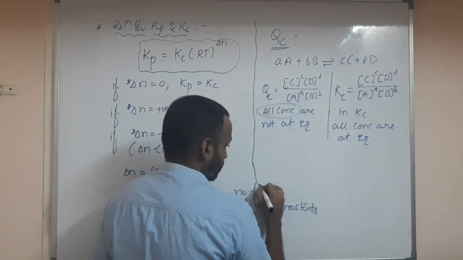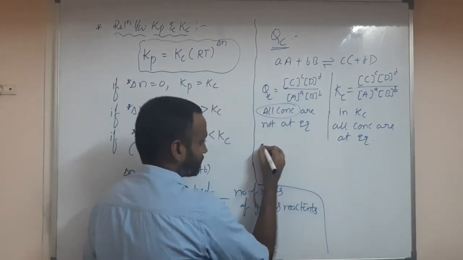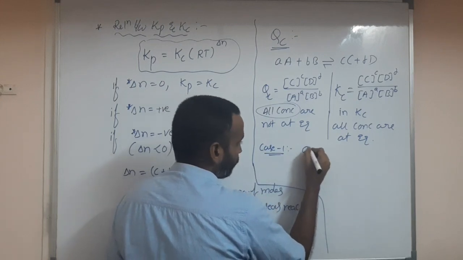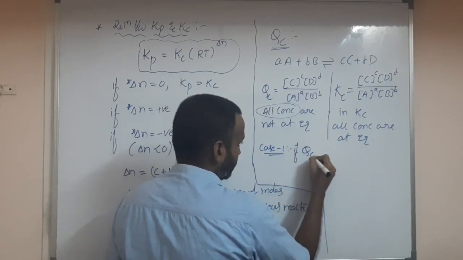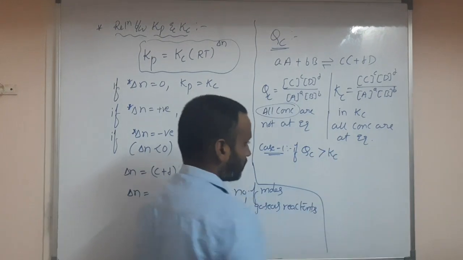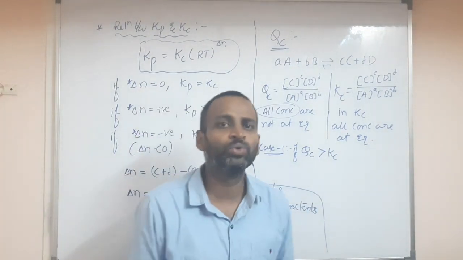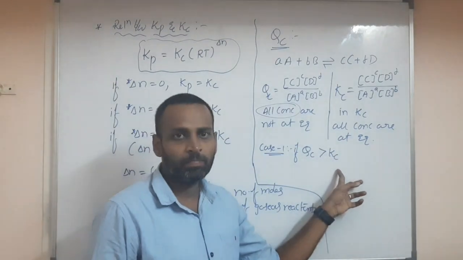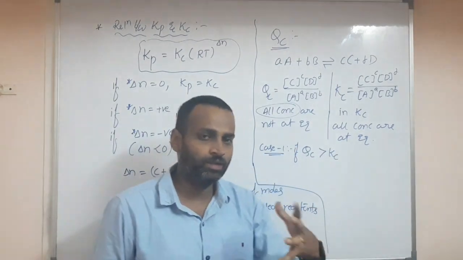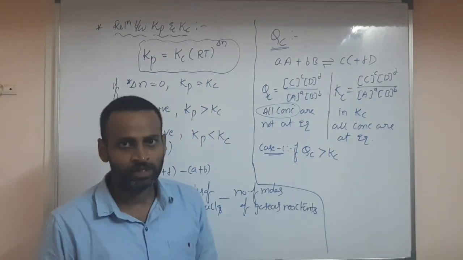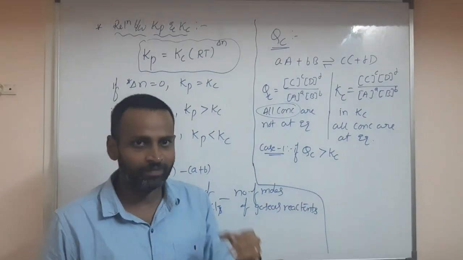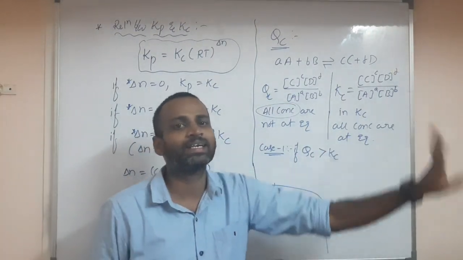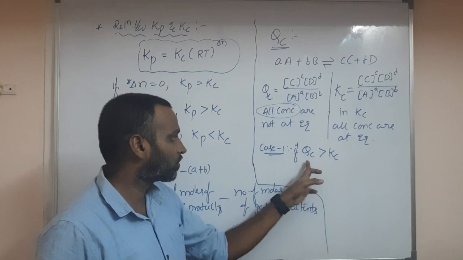Sir, here also can we have any relations? Yes, case 1, case 2, like that I can give you. In case 1, if I am saying Qc is greater than Kc, how can we come to know? This Kc they will give, theoretically. They will say concentrations of reactants and products, some X, Y, Z, and you will find out Qc.